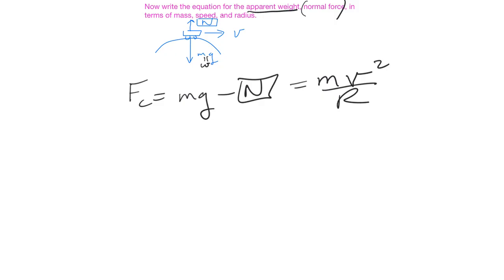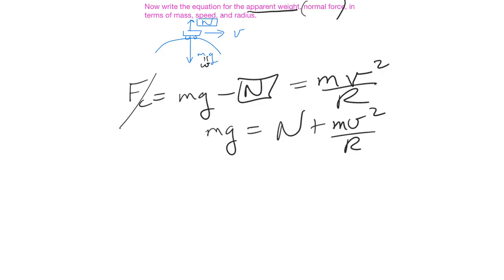So if we're going to solve for n, let's add n to both sides. So we don't need this anymore because I put it in terms of mv squared over r. So mg equals n plus mv squared over r.